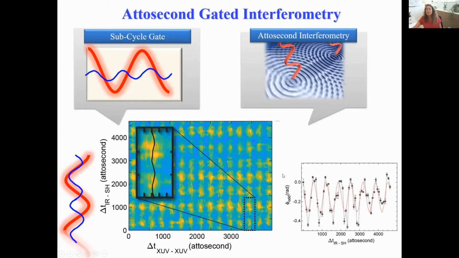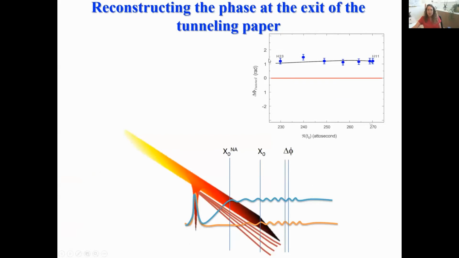So with this measurement, we are now able to trace back and extract the phase of the electron right here at the exit of the tunneling barrier. And we see a phase shift of about 1 radian, which agrees very well with the stationary phase approximation prediction.